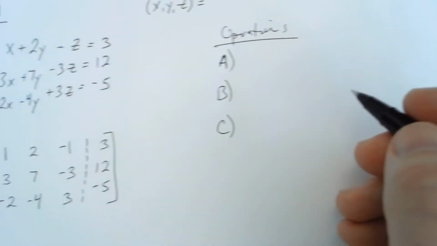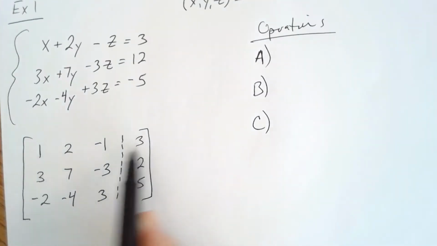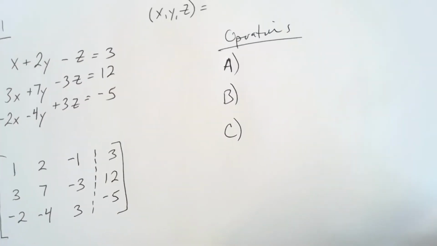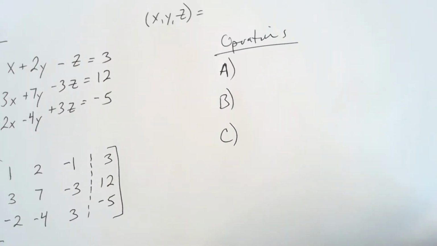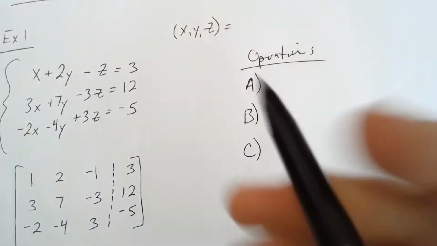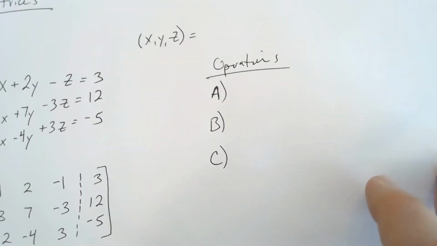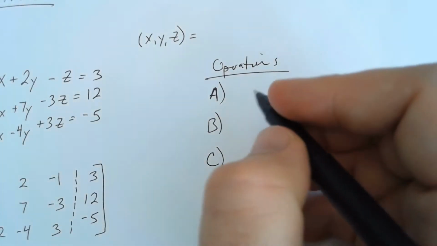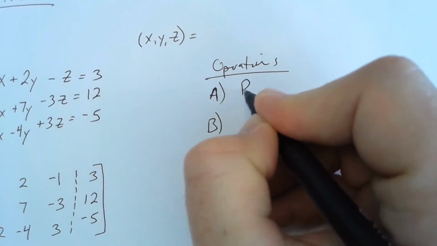Keep in mind that each row represents an equation. So the operations that we do should feel like operations on a single equation in some form or another, or a manipulation of two equations. So the first operation we are allowed to do is swap two rows.